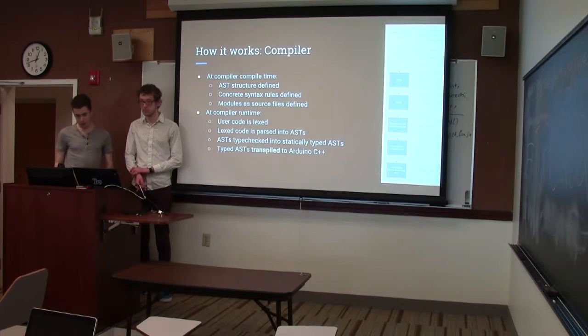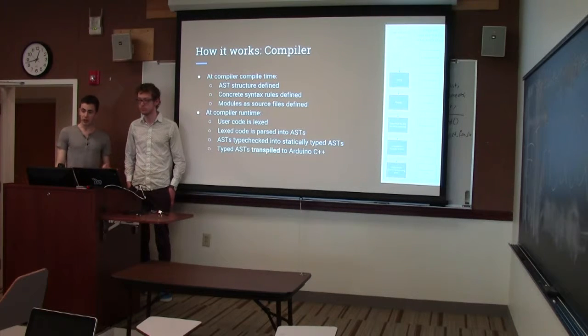At compiler runtime, after the user has written his or her code, the code is lexed, so all the little concrete syntax is turned into tokens. That lexed code is then parsed, so all the data, all the variables, all the functions are stored into the abstract syntax trees.